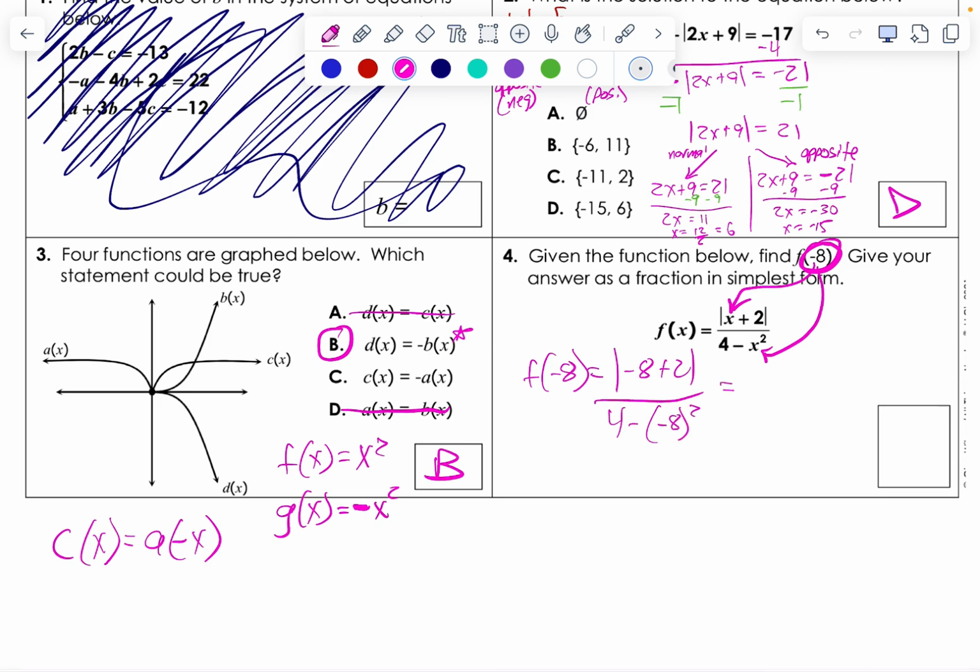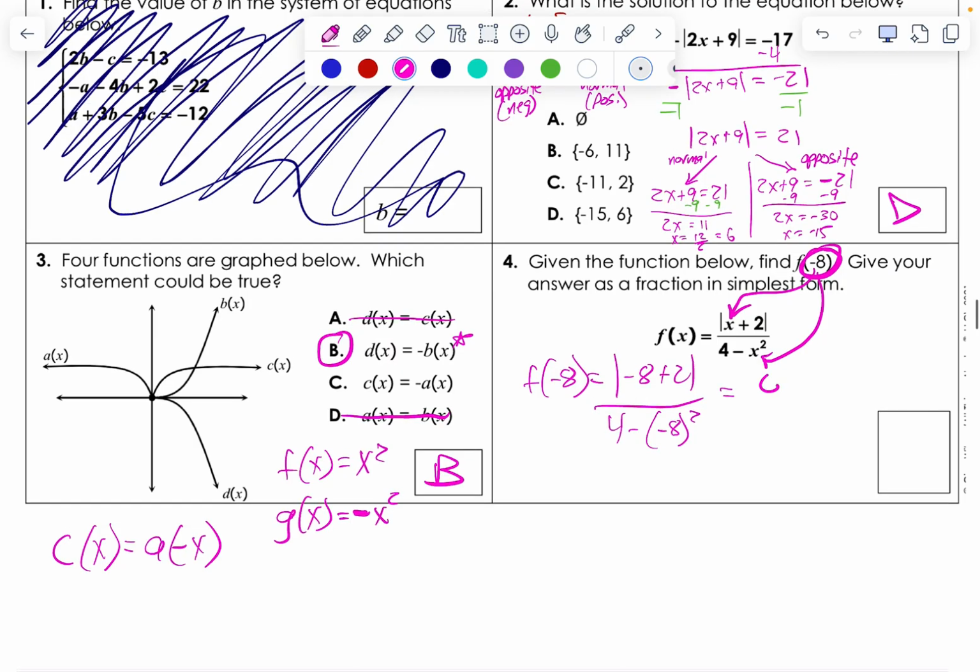So what's the numerator? Negative 8 plus 2 is negative 6. Absolute value of that is 6. Okay, what's negative 8 squared? 64. And then we have 4 minus 64. So negative 60. What is that in simplest terms?